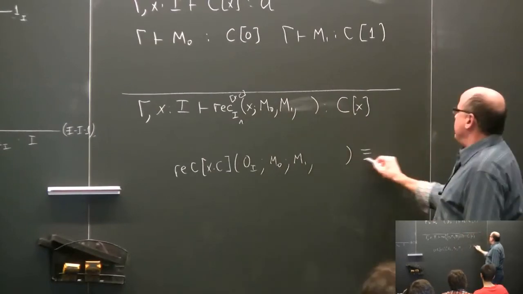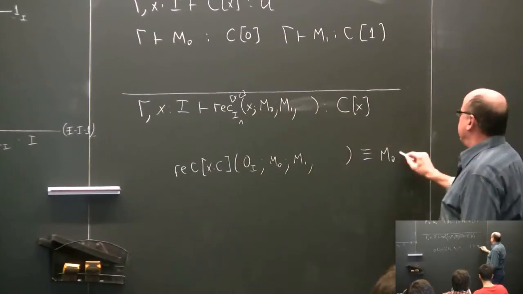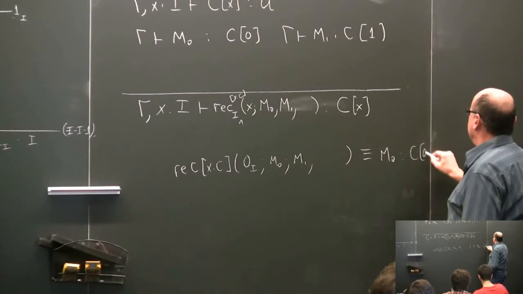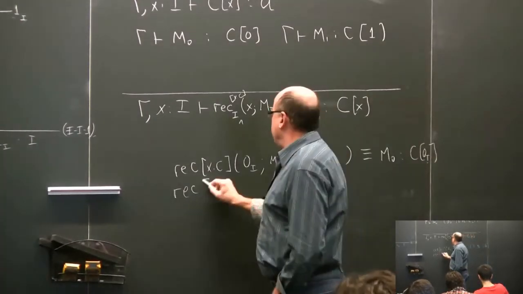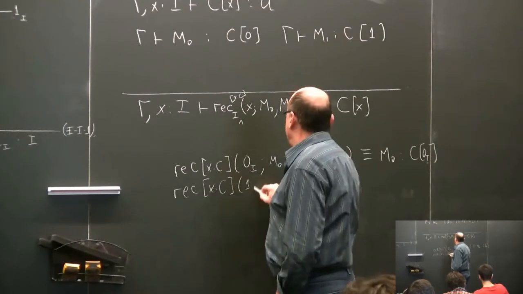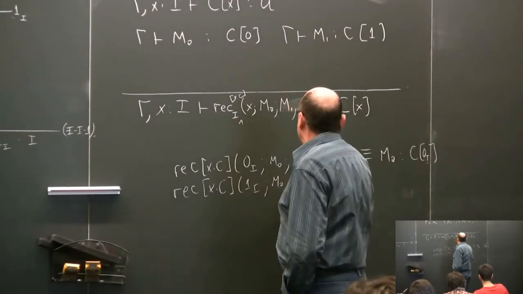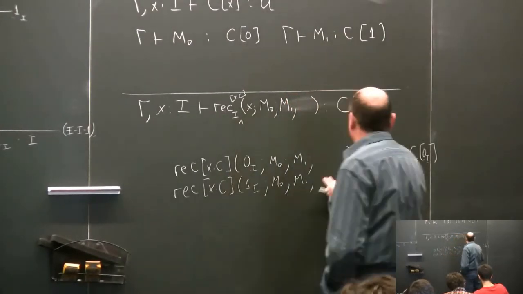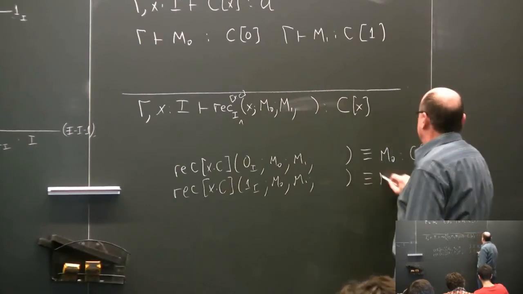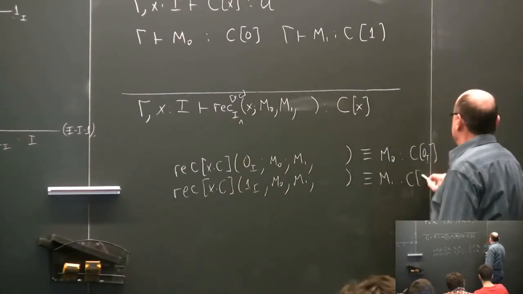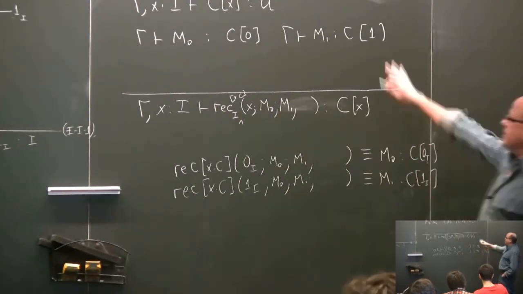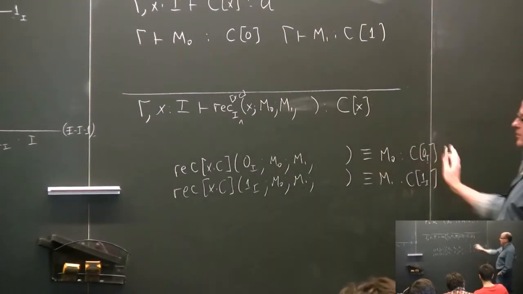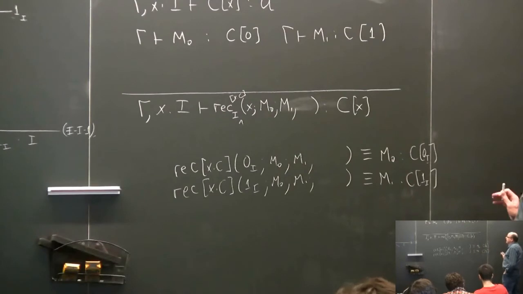You would say, well, this is going to be obviously m0, which will be c of 0, and then we'll have a similar thing, x.c and 1i and m0 and m1, and we're going to fill some stuff in, but at the minimum it's going to be that, because this is like a Gentzen-like intuition about what we're doing. So given what we've written so far, it's sort of clear that's what we're supposed to be doing.